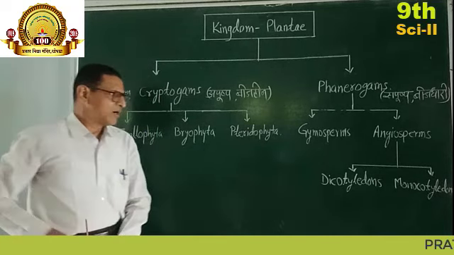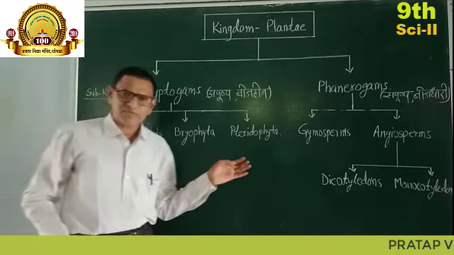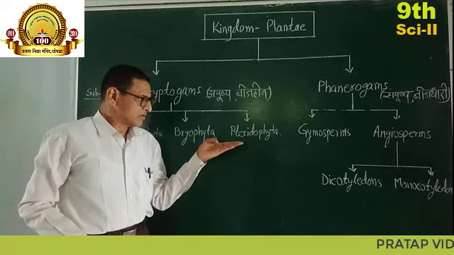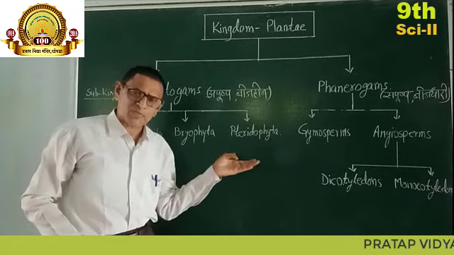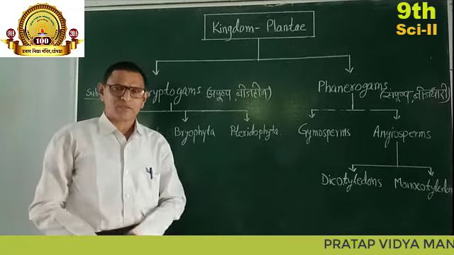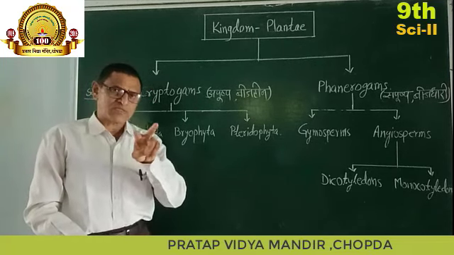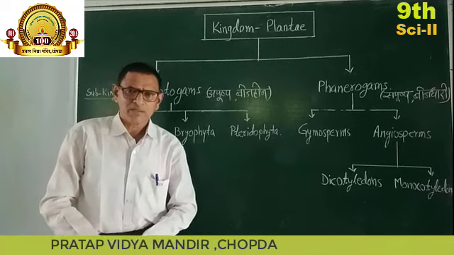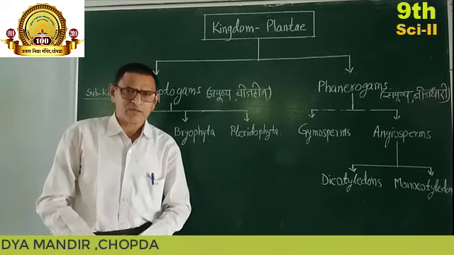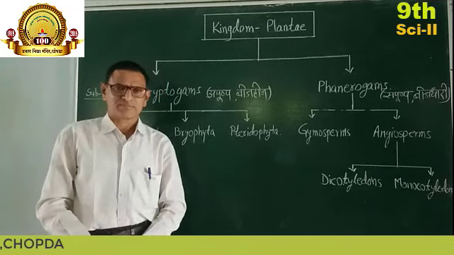Now, in pteridophytes, reproduction takes place by spore formation, but there are two processes in the reproduction, asexual and sexual.